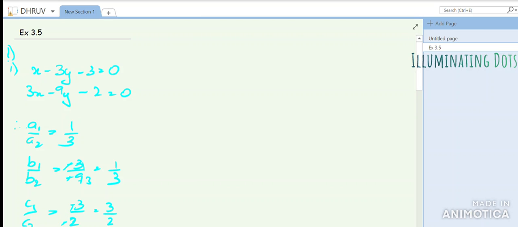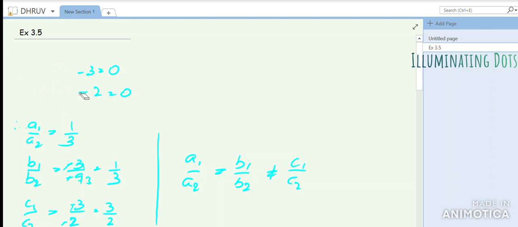So we have a1 upon a2 is equals to b1 upon b2, but is not equal to c1 upon c2, and hence it will have no solution, and that is why we will not be solving it further ahead, because the question stated that in case there is a unique solution, then find it by using the cross multiplication method. So since it does not have, we will just leave it alone.